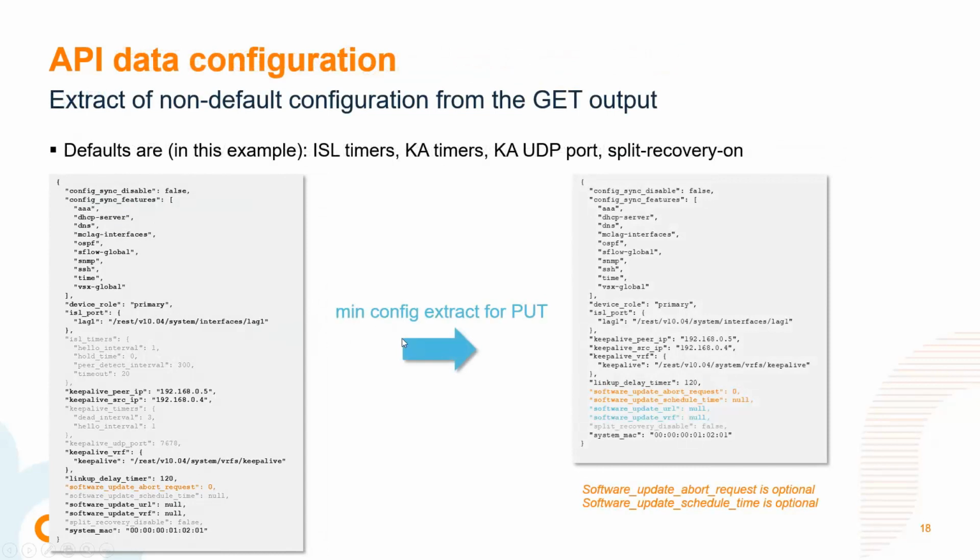So here, as the ISL timer, the keep alive timer, the UDP port for keep alive, and the split recovery are the default values, I'm extracting the minimum config for the put. Obviously, if those timers were not the default, you would have to include them in the put. So this is the minimum value, and from that I'm going to configure it and tune it according to the method that I use.